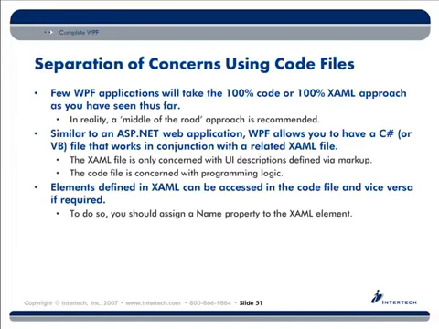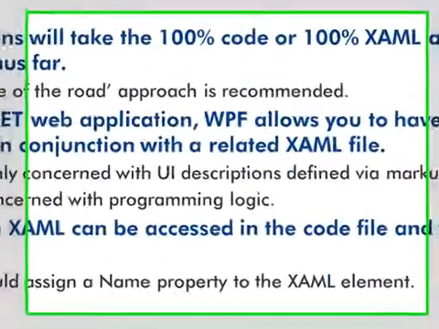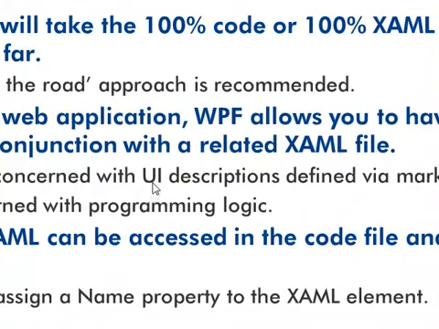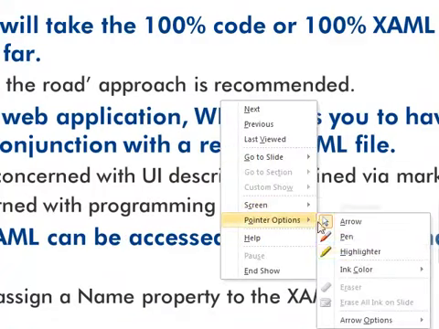And that's also exactly what we get when we make a brand new project in Blend. So remember how that kind of works in the background, right? The markup that you type, that's where we are primarily concerned with UI descriptions of things.